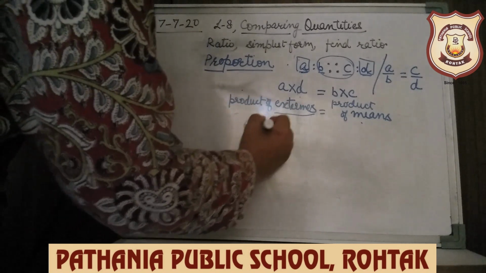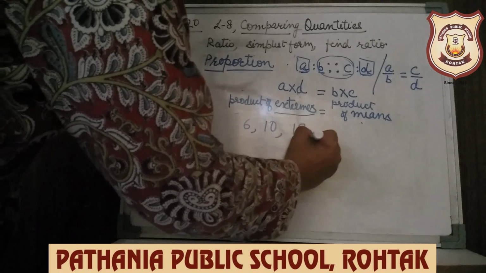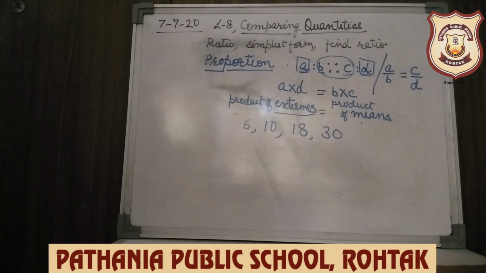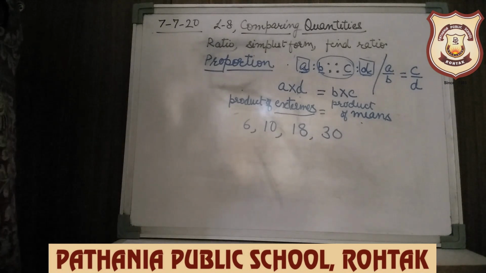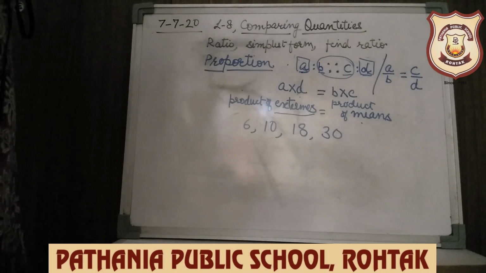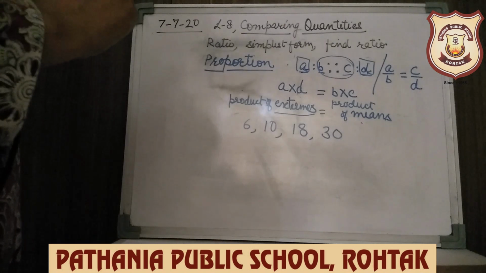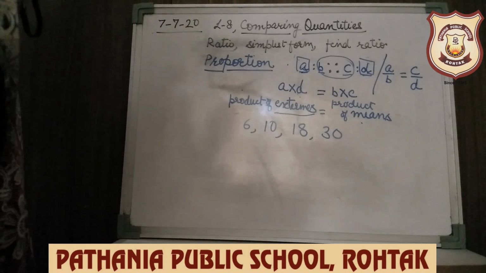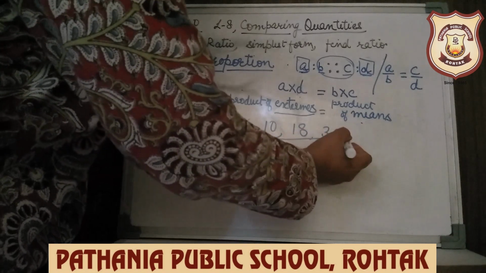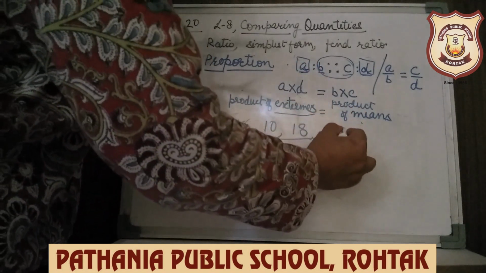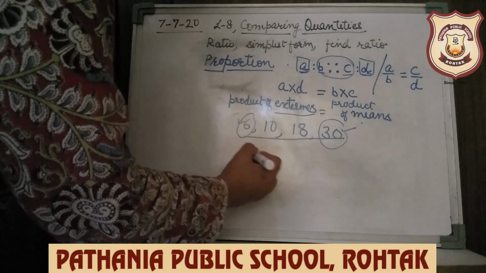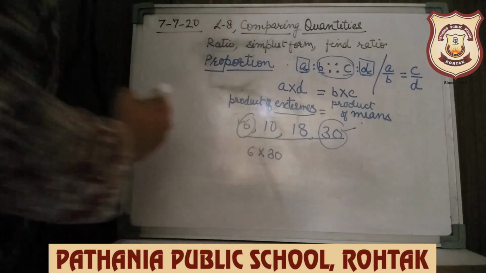Okay, I'll take 6, 10, 18 and 30. These are the 4 quantities given to you, and you have to find whether they are in proportion or not. No sign of ratio is there. When you do this, the order in which they are written, the outer ones, the starting number and the ending number, will be the extremes, 6 into 30.